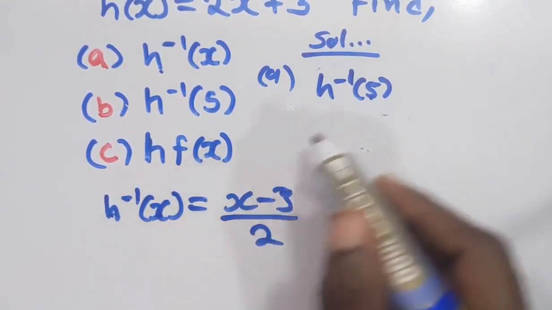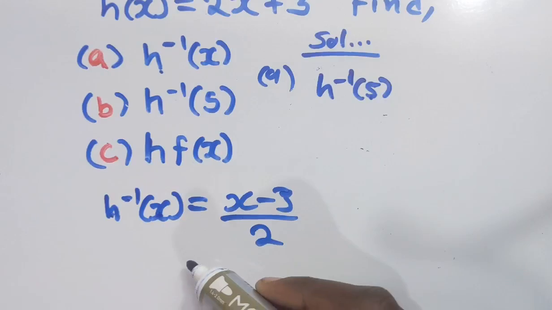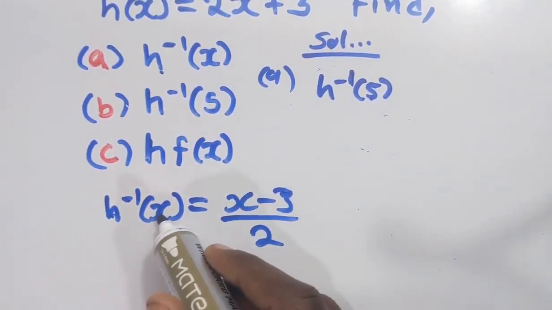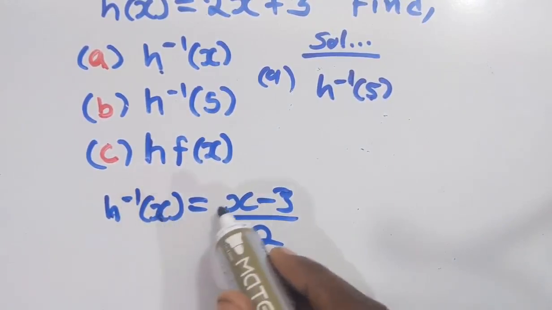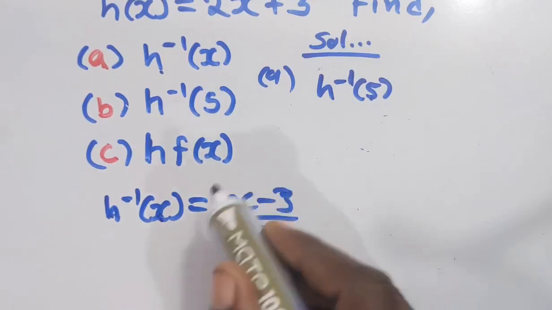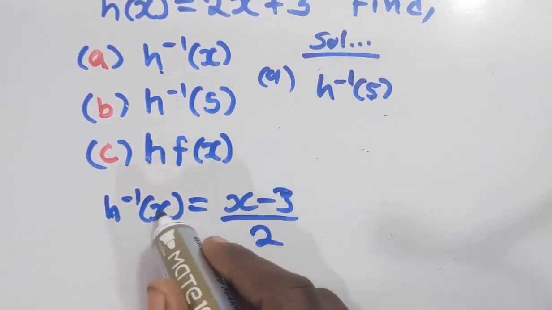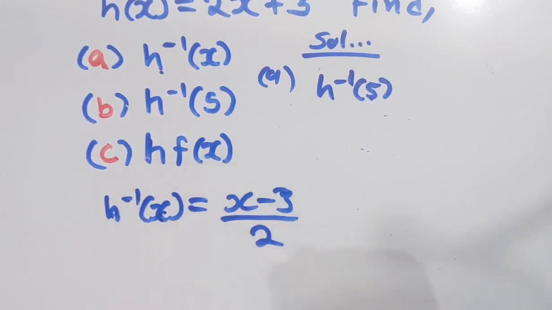So what they are saying is that where there is x, we should put 5 in the formula, in the answer that we have. Where there is x, we should put the 5.